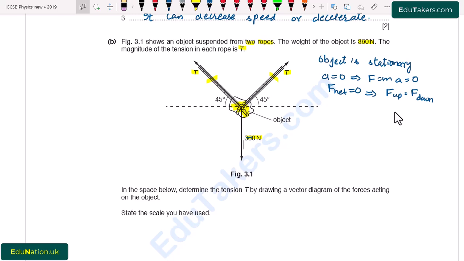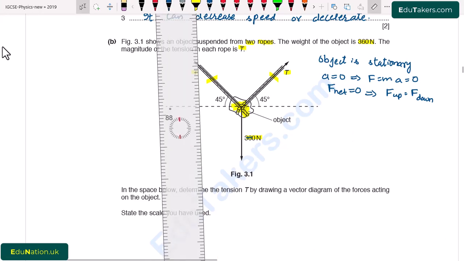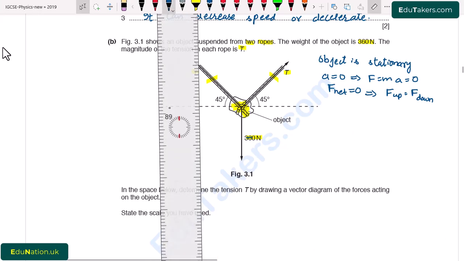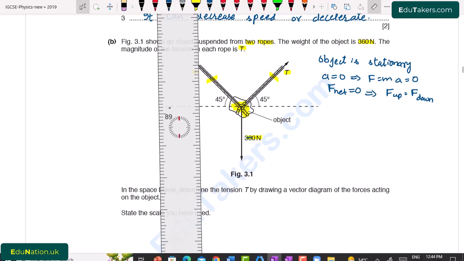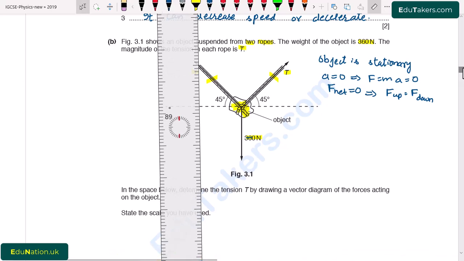So we draw a line from these strings. So I am going to draw this line. I have to draw these on both sides.